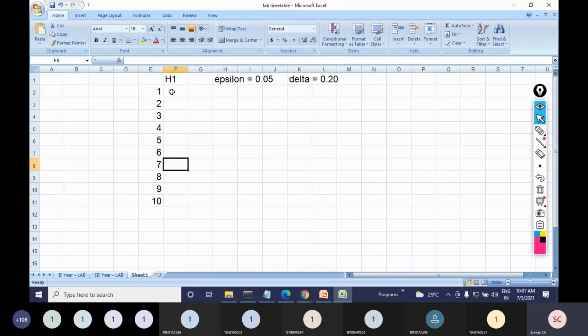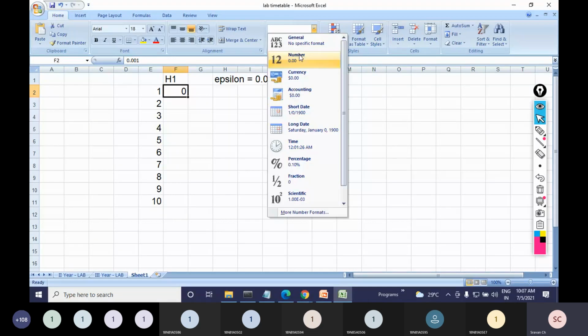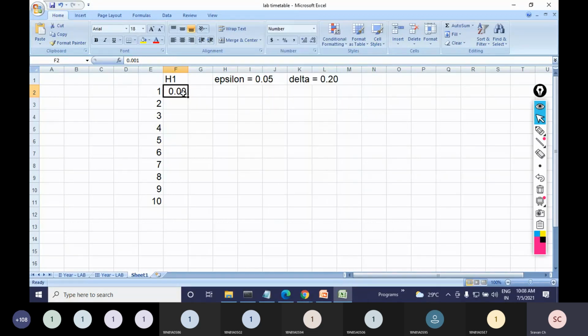Each cell represents the difference between expected answer and generated answer. Let us say the difference on the first record is 0.001.